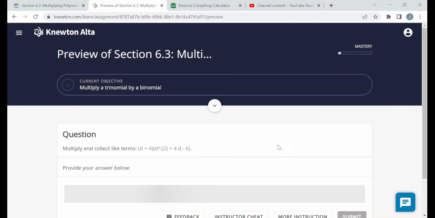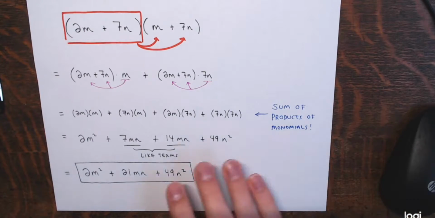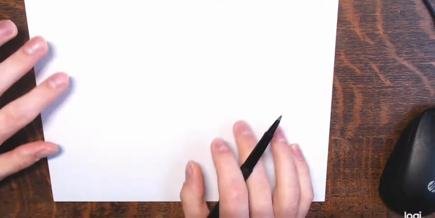Alright, so moving on. So here we have multiplying a trinomial by a binomial. So you see here there's a binomial, d plus 4, multiplied by a trinomial, d squared plus 4d minus 6. Alright, so like I said, lots of distribution when multiplying polynomials.